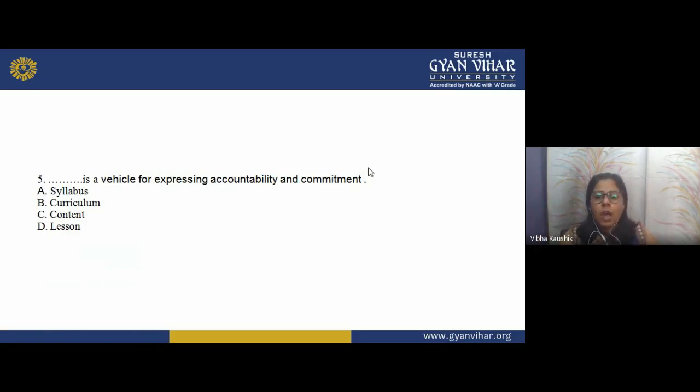Now, the options are A. syllabus, B. curriculum, C. content, or D. lesson. So, the correct option is syllabus, means option A is the right one, that the syllabus is a vehicle for expressing accountability and commitment.